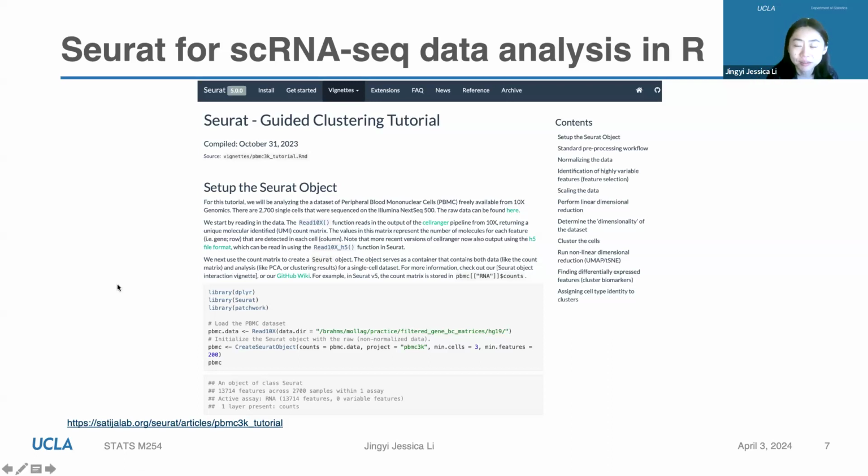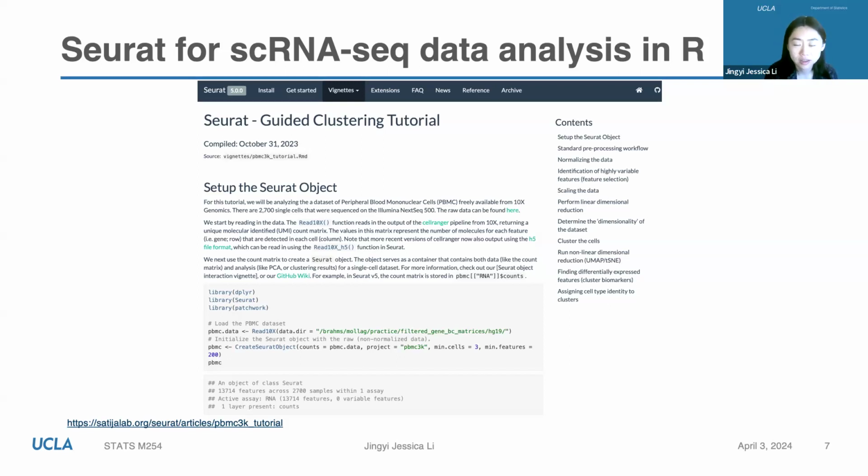It has almost everything inside, and because it's well-maintained and updated, now in version 5, it has become the standard. Most people who generate single cell data and do the analysis will use Seurat. So that's why I use it for teaching and for introducing statistical concepts. Given that people may use Seurat in your future research, I would say this is valuable.